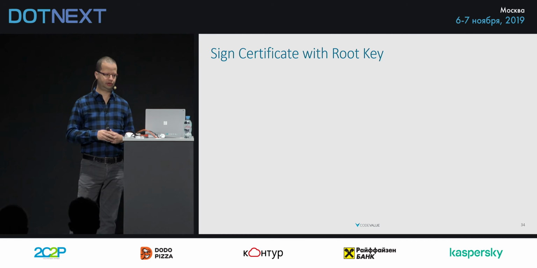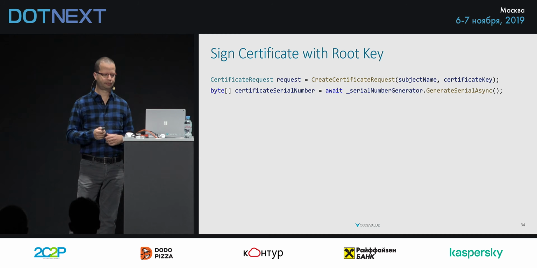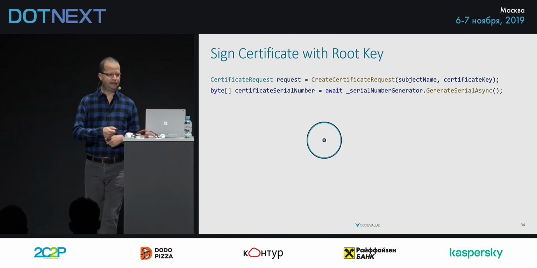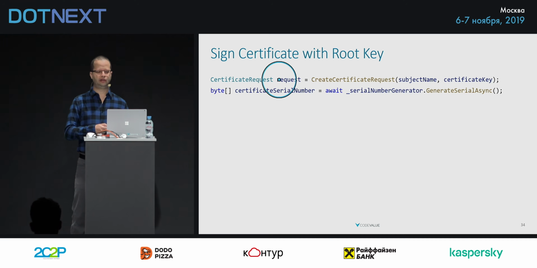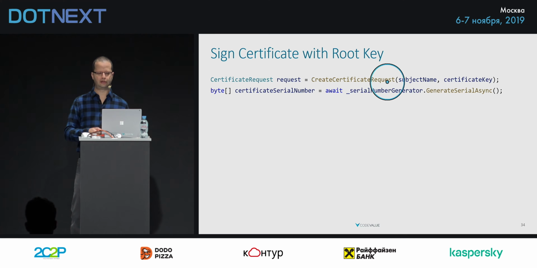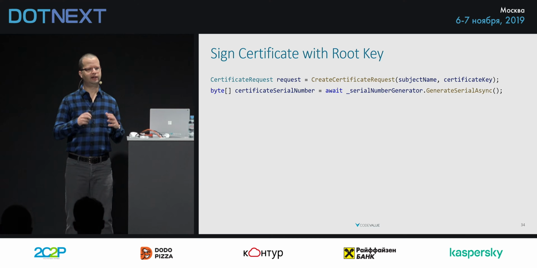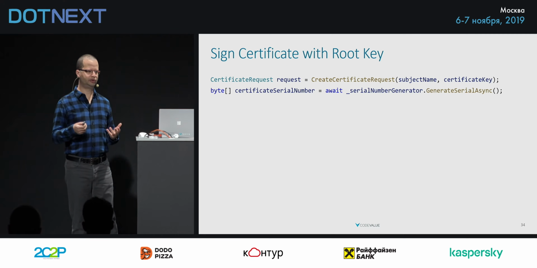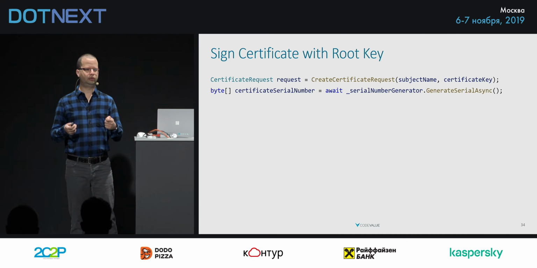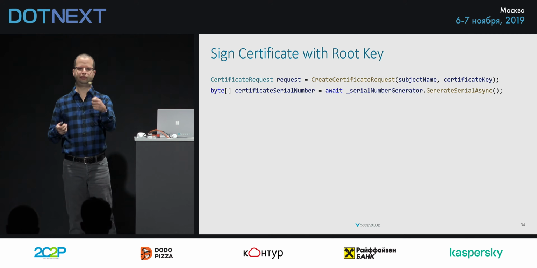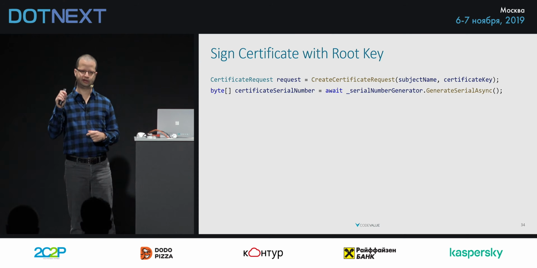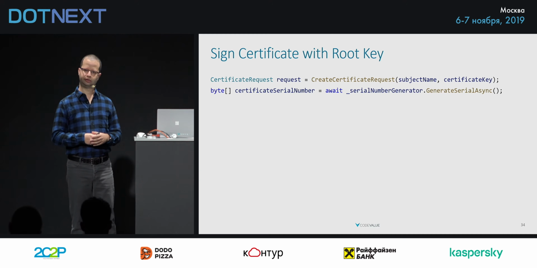And the way we do it is the following. We get the request. In addition to the request, we need to create something that's called a certificate serial number. The reason is that every CA you build or that you use always needs to issue a unique serial number to each certificate it issues. It's a way to keep track of the certificates a specific CA issues to the world.